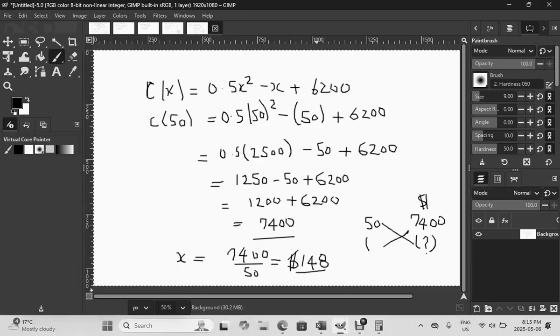Written the other way, you have $7,400 for 50 scooters. Multiply by 1 scooter, since you want the price for one scooter. Cancel the S. 7,400 divided by 50 will be $148.